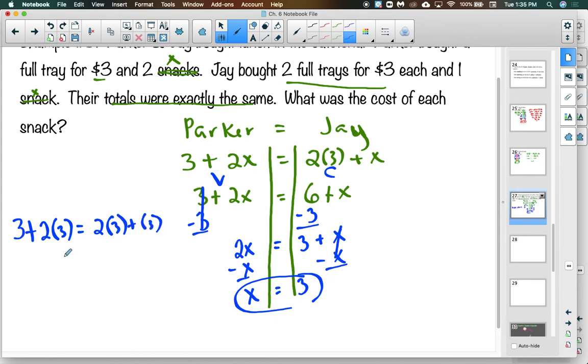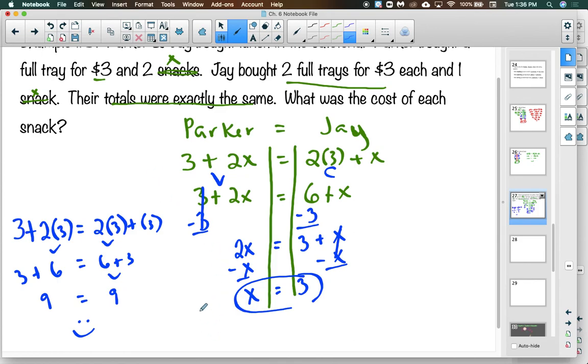Left side, 2 times 3 is 6. 3 plus 6 is 9. 2 times 3 is 6. 6 plus 3 is 9. And we are equal. This was just another way to simplify this expression, just doing one side at a time.